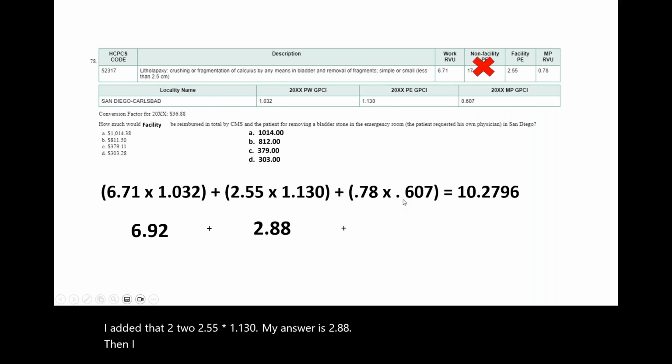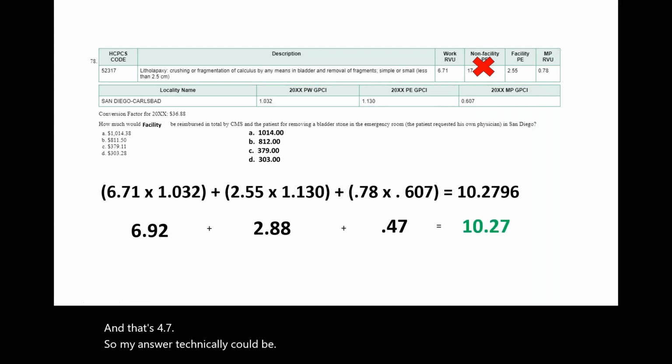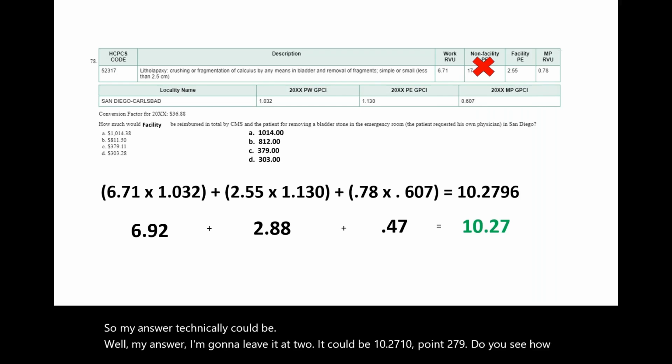Then I added that to 0.78 times 0.607, and that's 0.47. So my answer technically could be 10.27, or 10.279. Do you see how you can get all caught up?